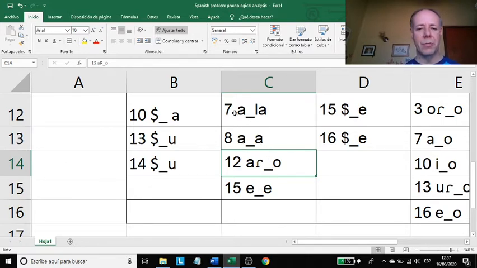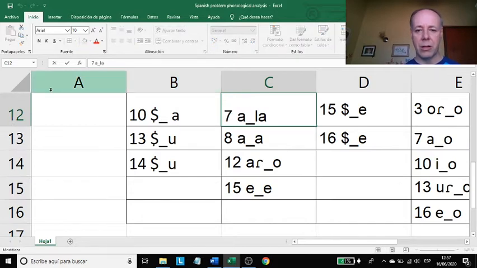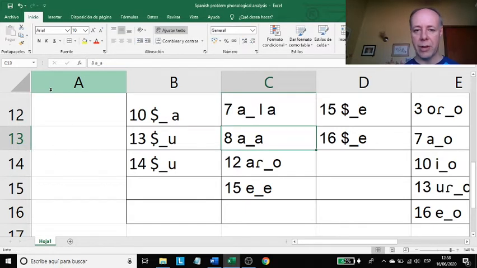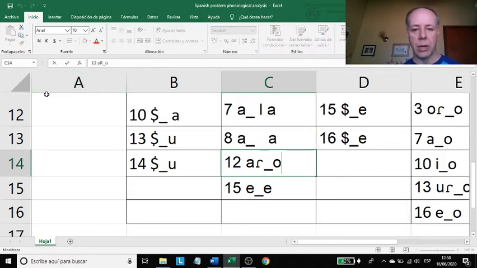But this one is trickier because between the vowels there is something. There is an L in number 7. So in number 8, we have that. And in number 12, we have this.